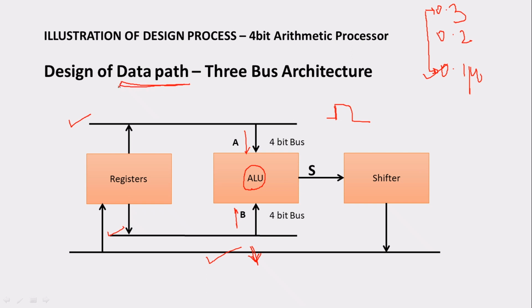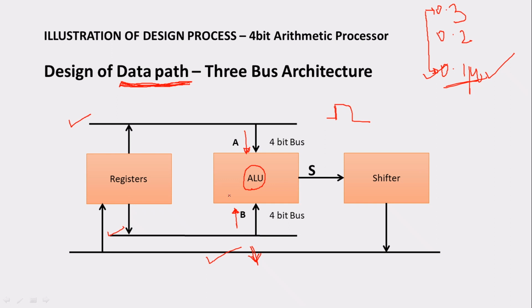By implementing these, one bus architecture was leading us to a longer time period, whereas when we changed our architecture to 2 bus and then 3 bus, we can achieve a better result, right? So the architectural issues which can suit best for our design can be decided by looking into these terms, by changing architectures where we can achieve a higher speed.